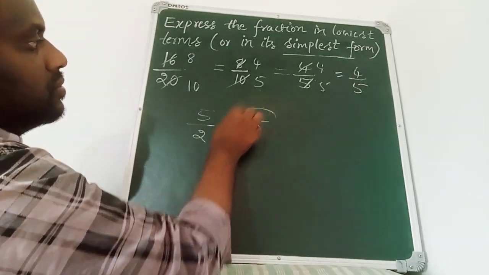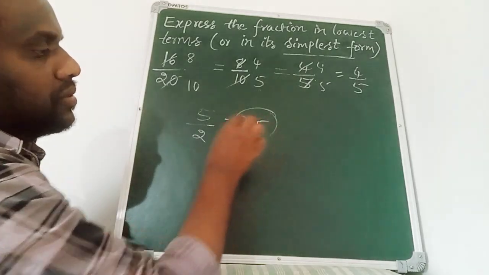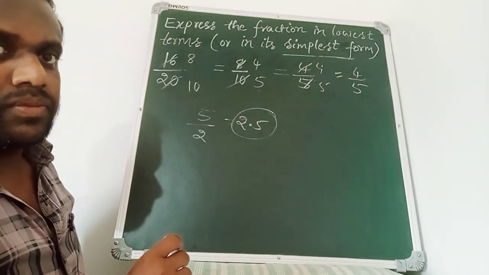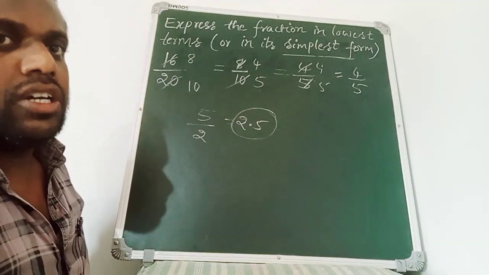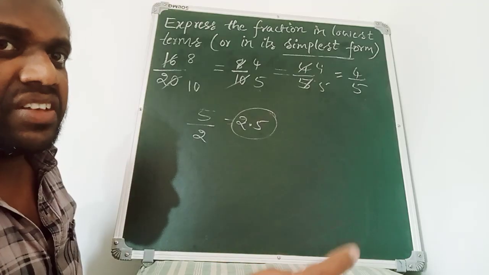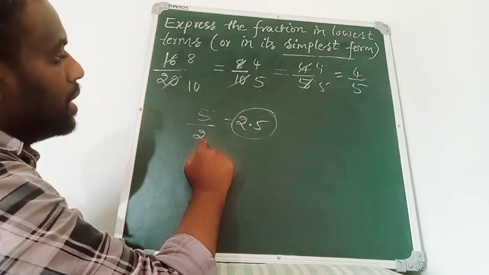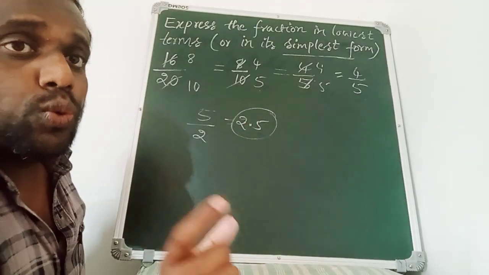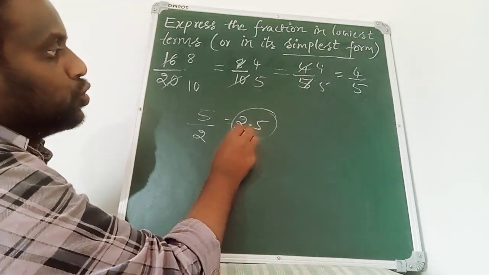2.5. So we should not get a decimal point here, something like 2.5. You should get a whole number. Whole numbers are 0, 1, 2, 3, 4, 5, 6, etc. When you divide this by 2, you should get a whole number. This is a decimal number because the point is there.